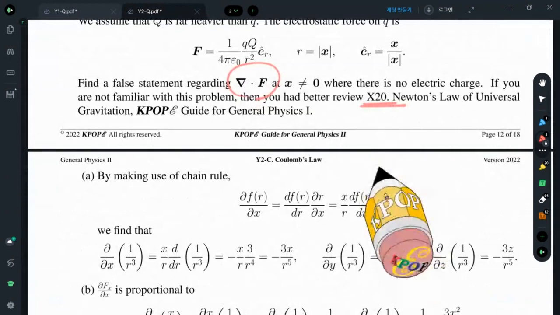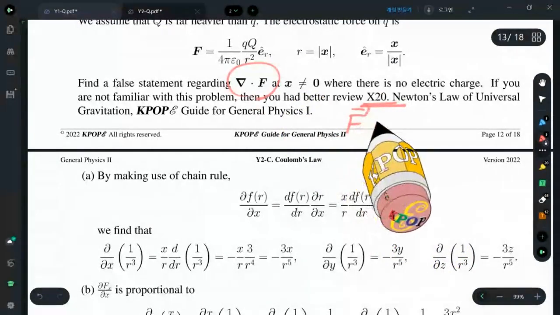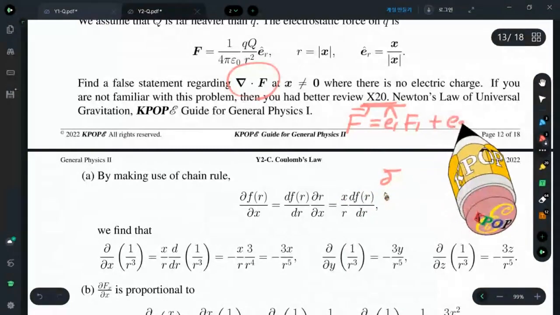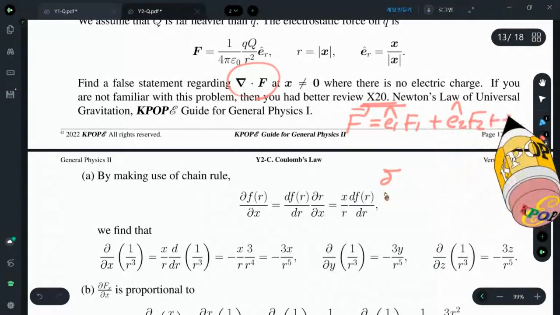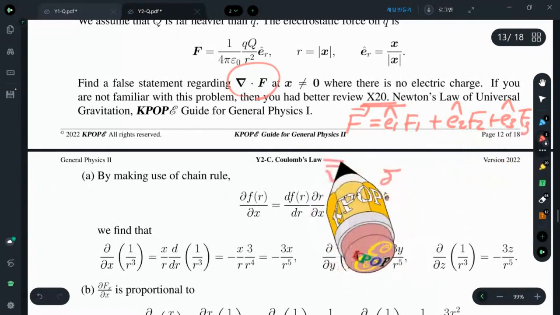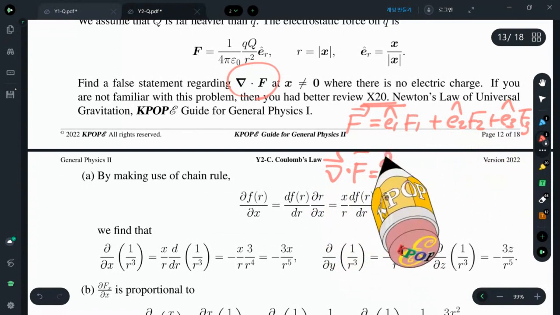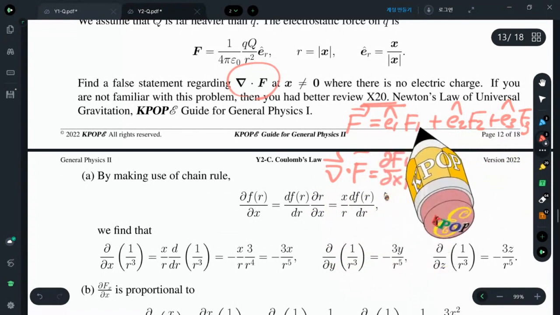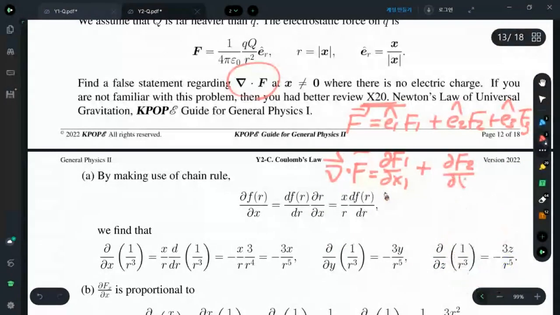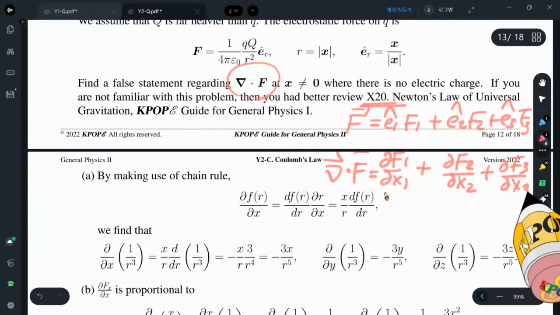Divergence: if f is a vector, f1 e1 hat, f2 e2 hat, f3 e3 hat, divergence is the sum of the x derivative of the x component, the y derivative of the y component, and the z derivative of the z component.